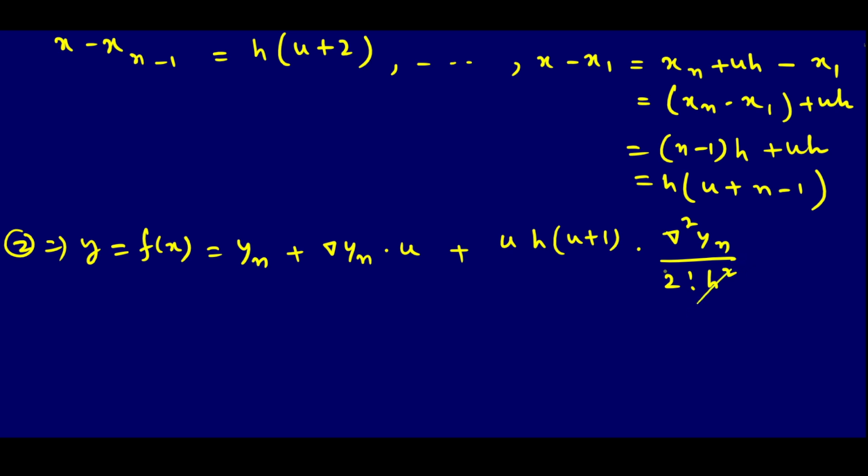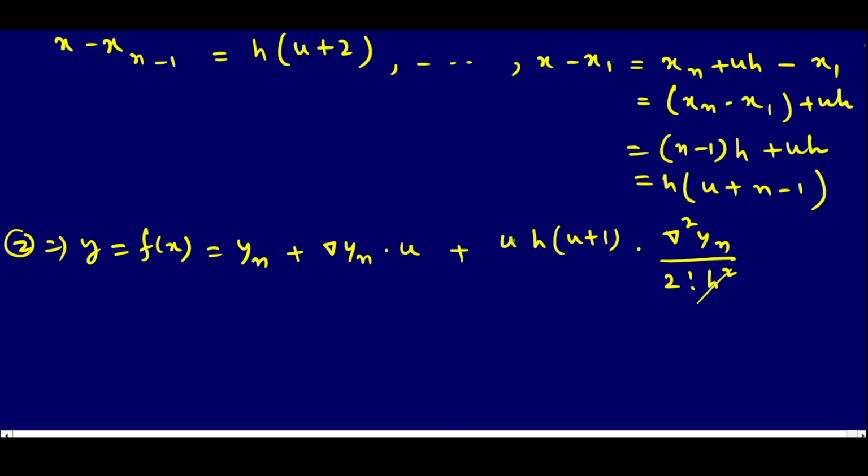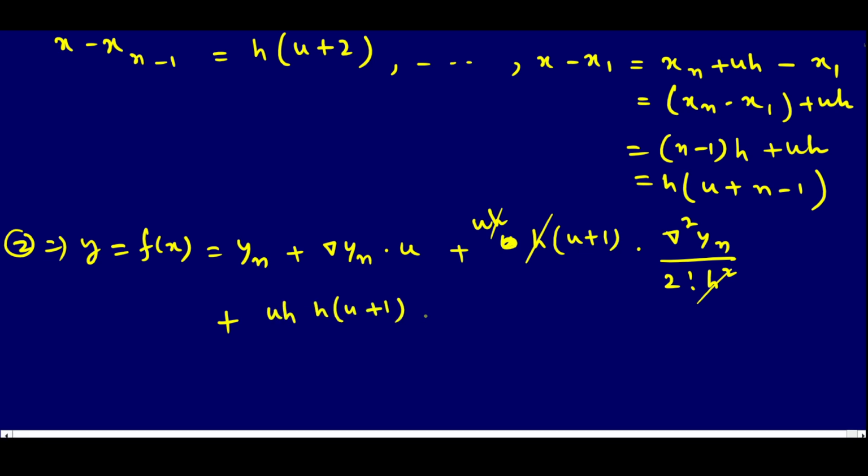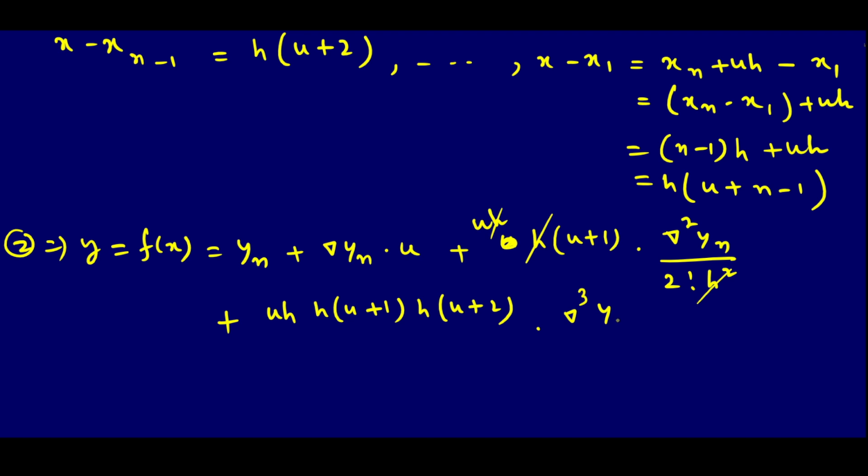So here see h square. So our first term is, okay, so h and h square will cancel out. Similarly, the third term is h into u plus 1, h into u plus 2, then nabla cube yn divided by 3 factorial h cube.